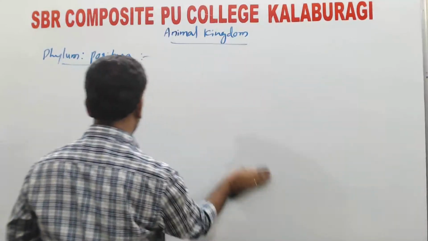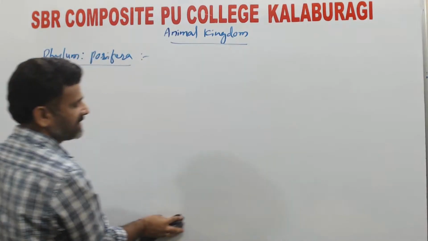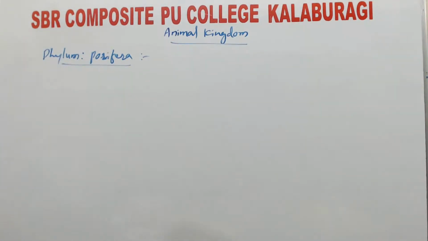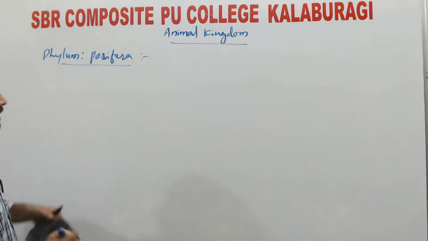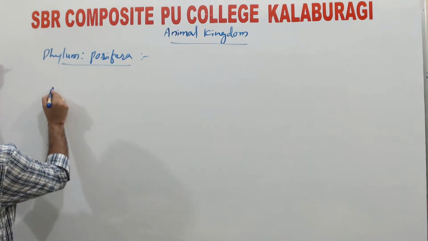In previous NEET exams, they also asked questions on the water canal system, the type of water canal system observed in Porifera. That is also a NEET basic question. Next.